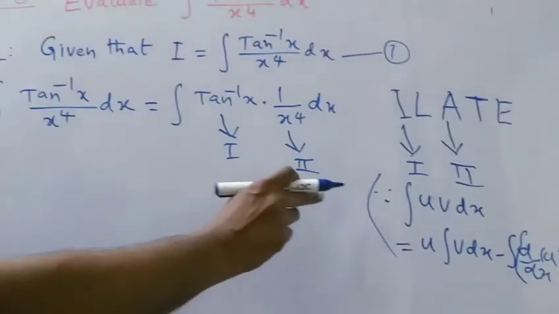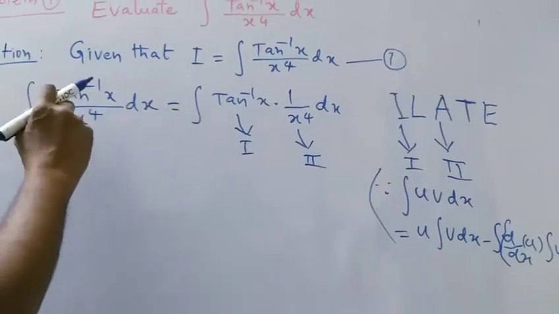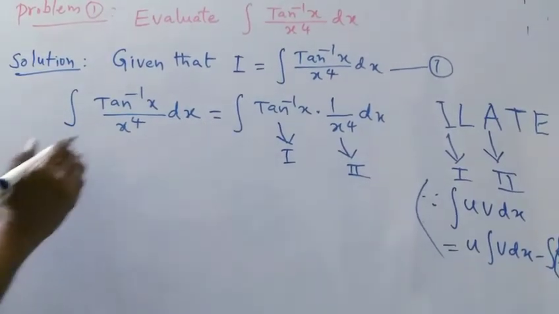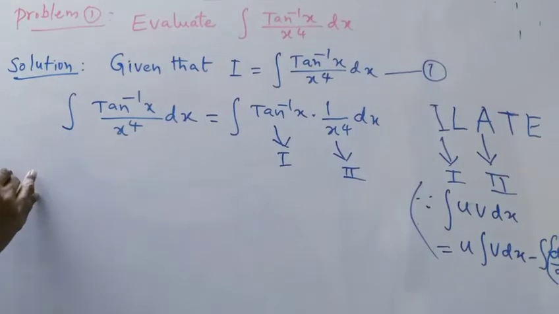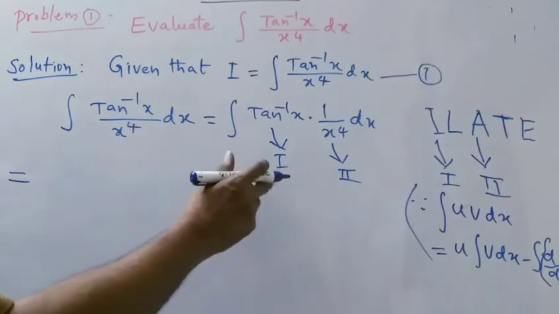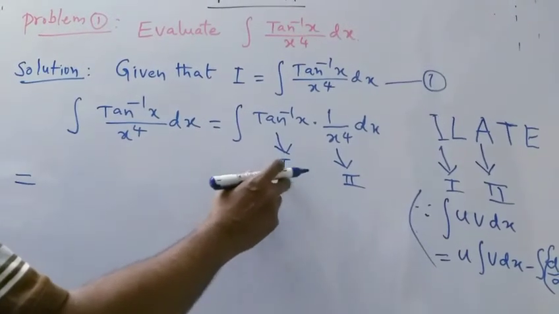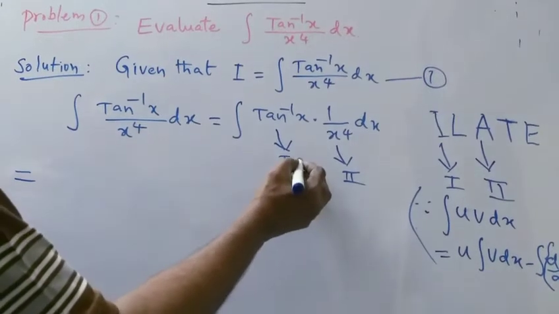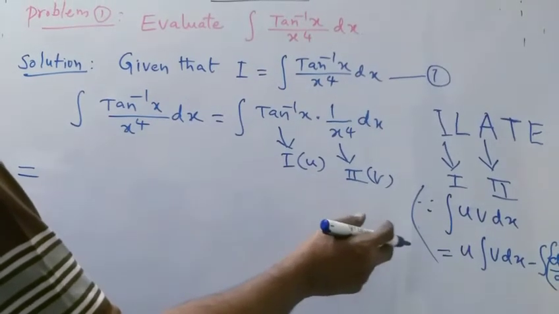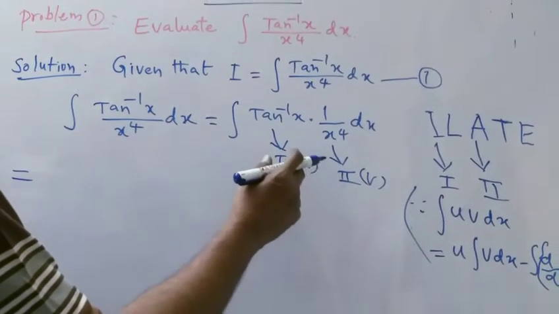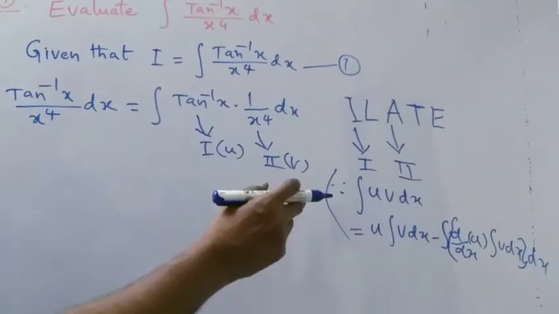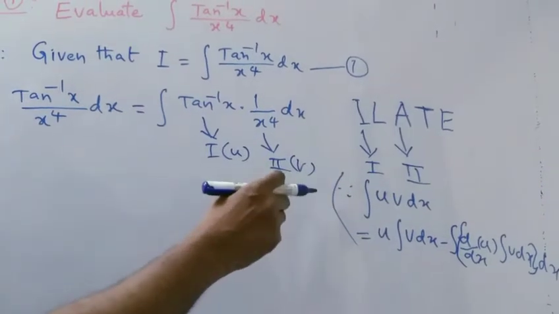By using this integration by parts formula, we can continue this problem. So this is equal to first function into integral of second function. That means the first function is u and the second function is v. U integral of v dx minus integral of differential of u into integral of v dx, whole dx.